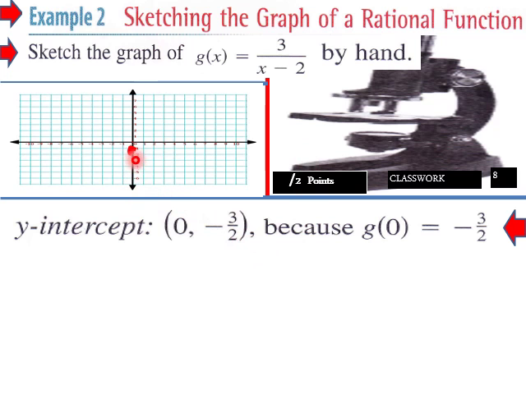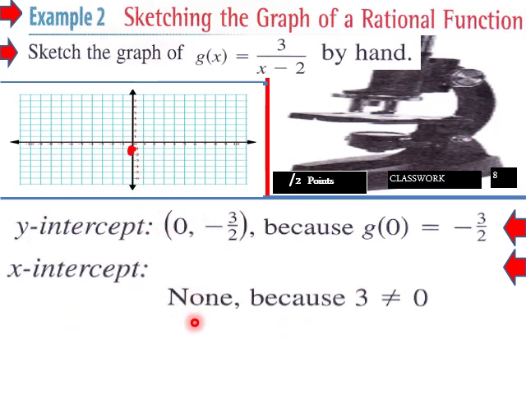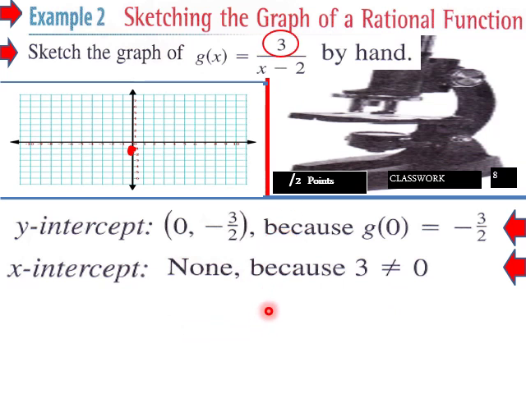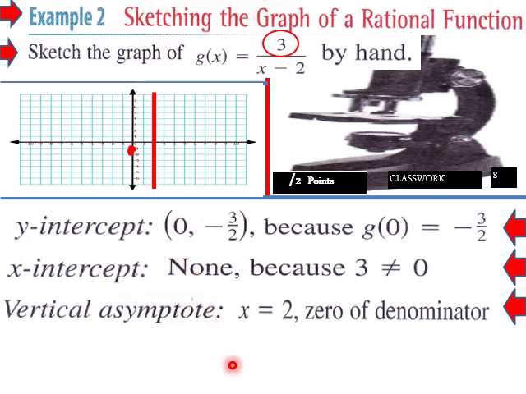So there is your y-intercept there. Okay, the x-intercept, none, because 3 cannot equal 0, so there is no x-intercept. Vertical asymptote is x equals 2, because that is a zero of the denominator. So here's our vertical asymptote here.